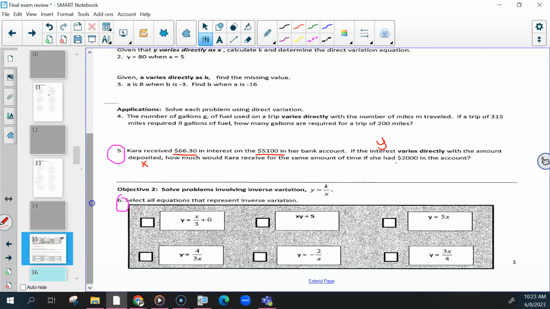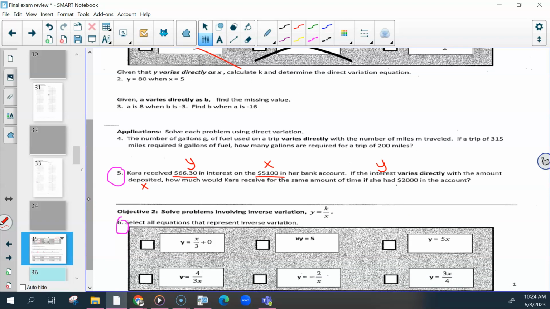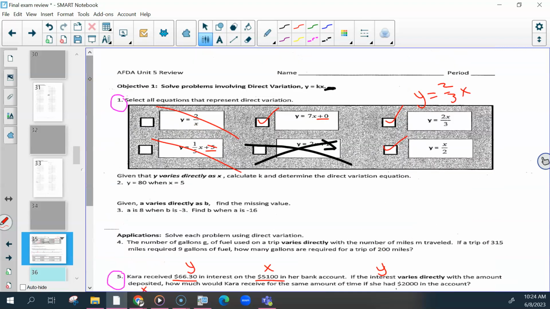Whatever comes second is x. So the interest here is y, and the number here is x. To find the rest of this, we have to find k. It gave us this equation y equals kx, so we are going to use that to find our k. We also need to know that k equals y over x. If you didn't remember that, you could use this equation and solve for k, get rid of x by dividing both sides by x.